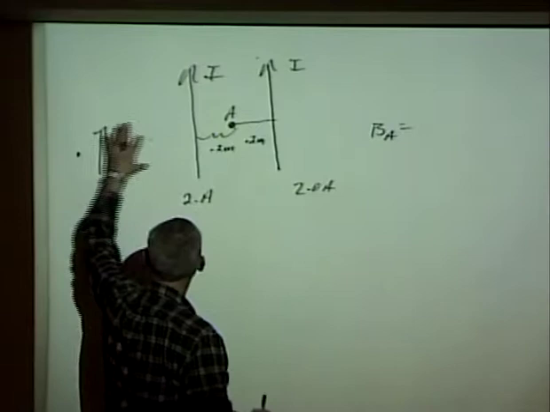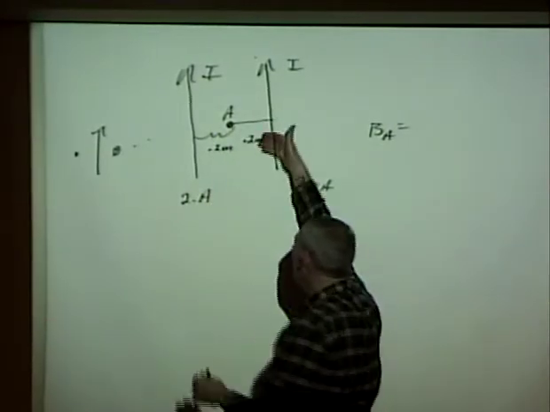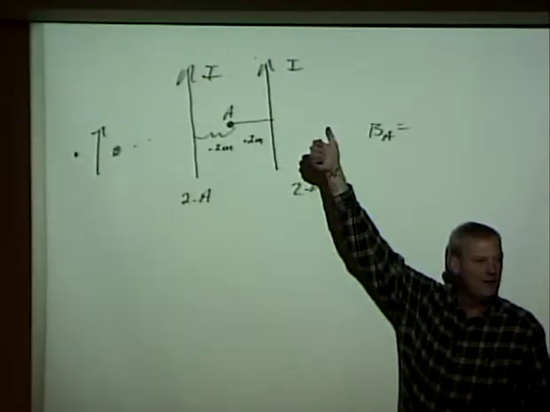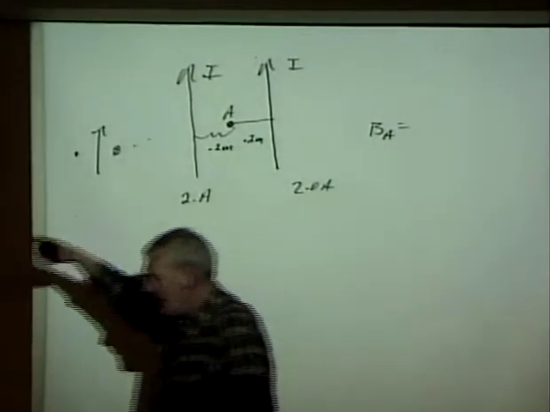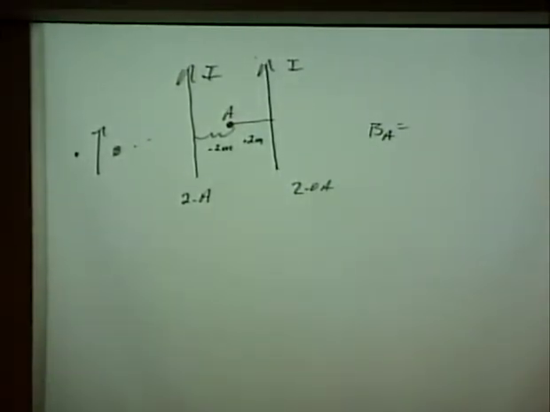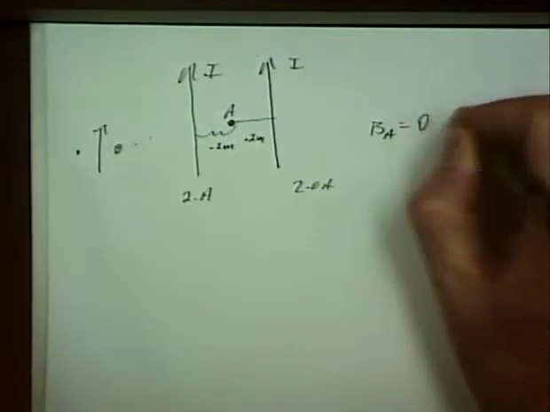And then if I take this guy and put him out here, he's coming out. And it's the same amperage, right? So mu I over 2 pi times the distance away minus mu I over 2 pi times the distance away should equal 0.